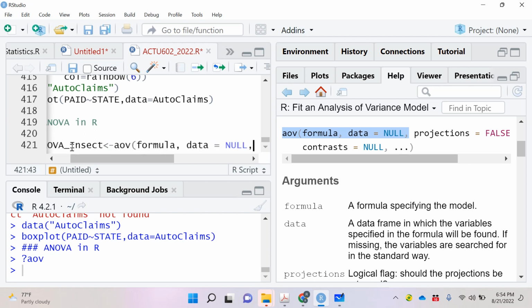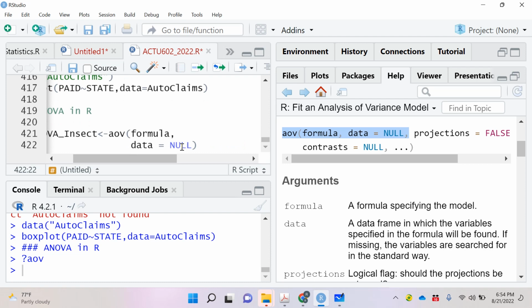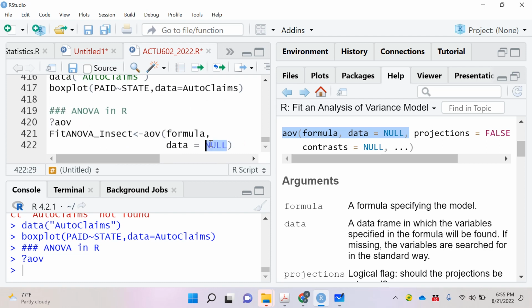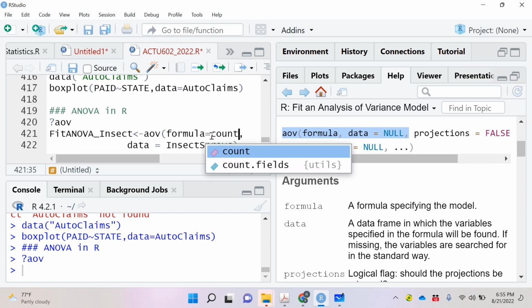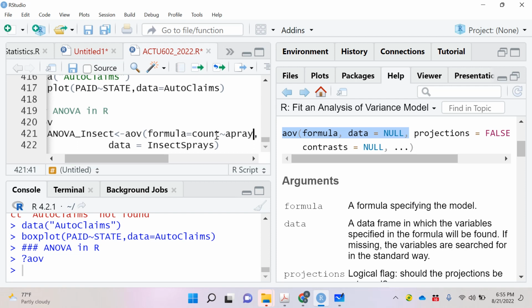So I need this AOV. Then the formula, first of all, I need the data. What is the data? The data is insect sprays, right? Then the formula: I am modeling count on spray.